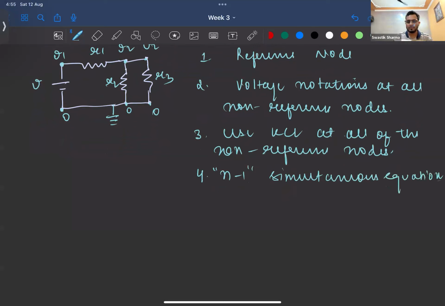And you can use solvers, or you can solve it by hand too, using Cramer's rule and other methods, which is taught by Debapriya sir. And then you can find the solution for all the voltages at all of those nodes. You can also use a scientific calculator. There's an equation option where you can add the A matrix and B matrix, and you can get the final values for all of those nodes.